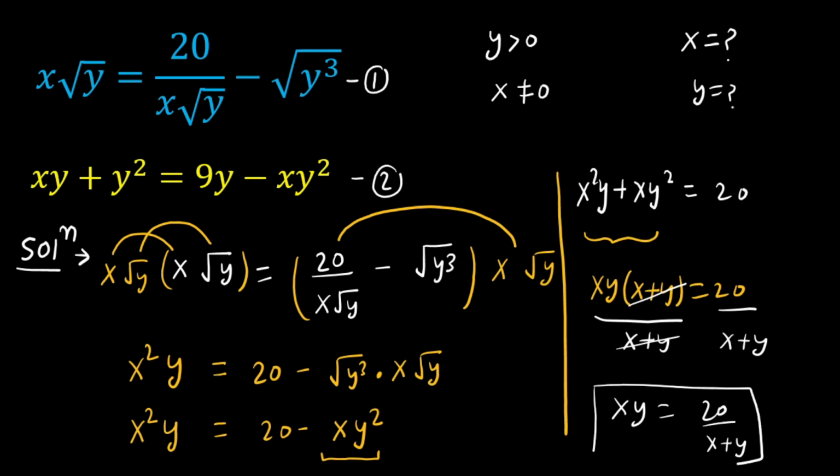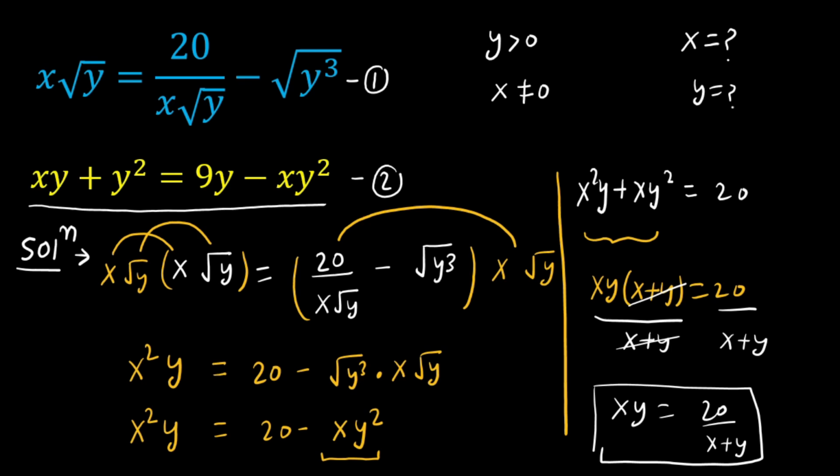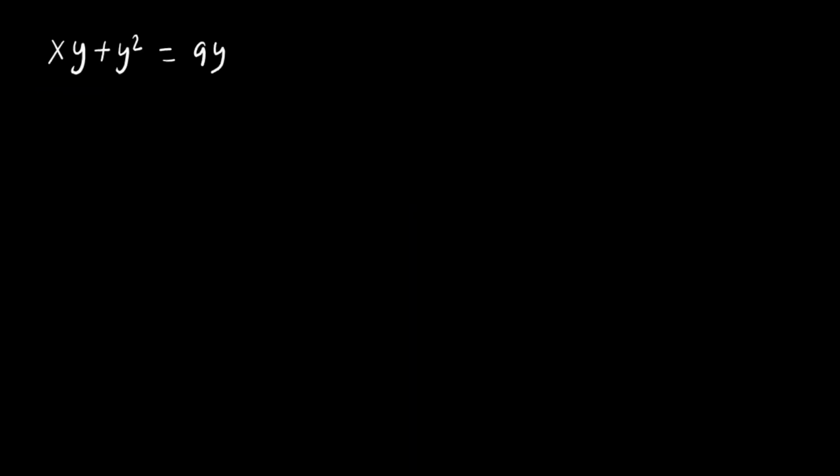Now equation two is xy plus y square equals 9 times y minus x times y square.